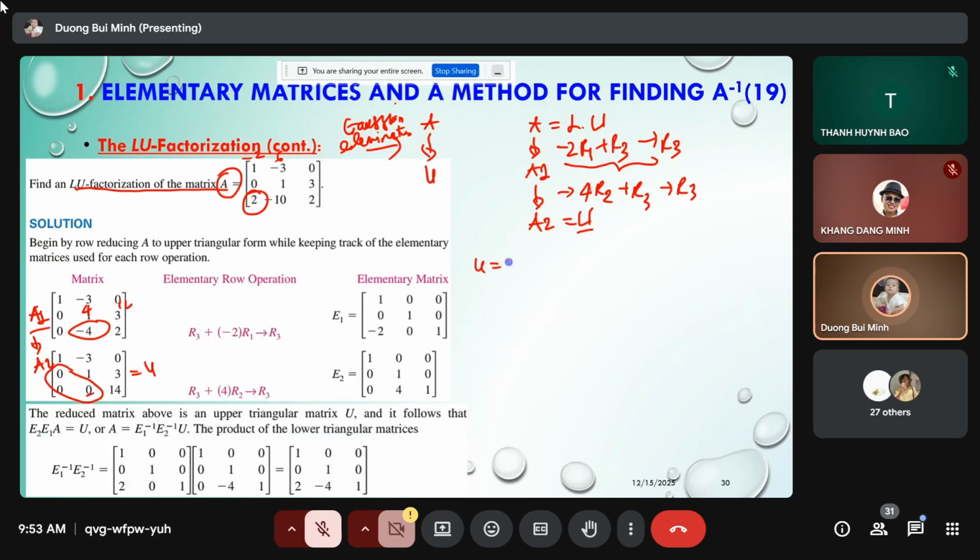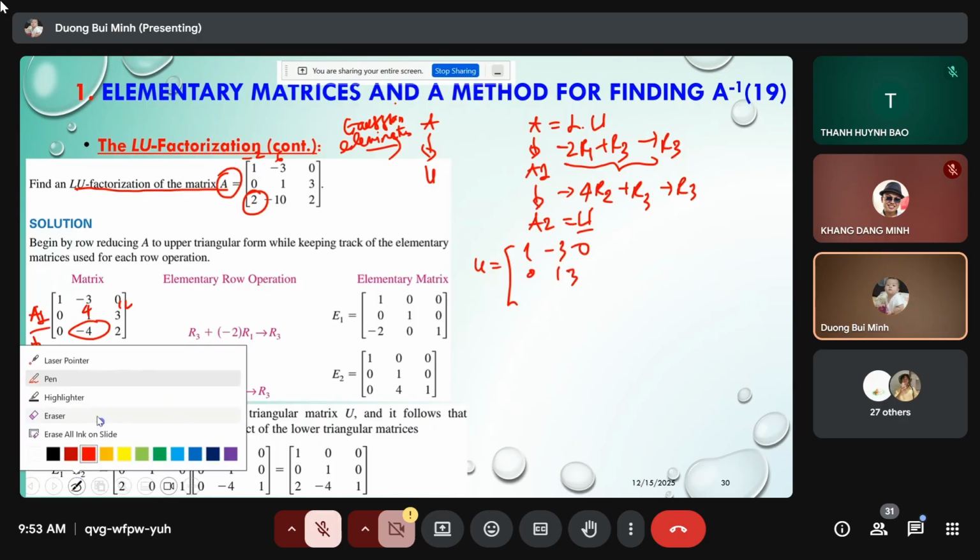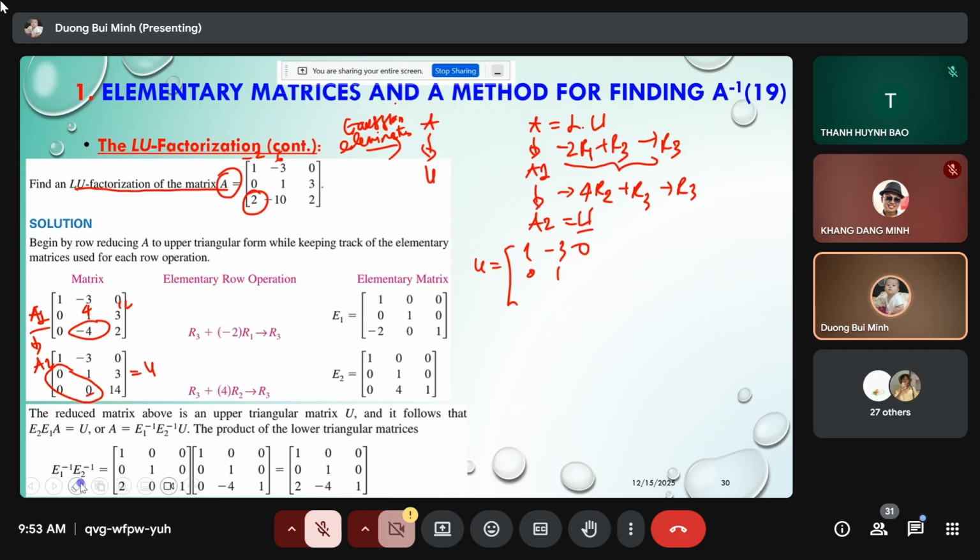So now we already get U. U is 1 minus 3, 0, 0, 1, 3, and then we have 0, 0, 14. This is U.